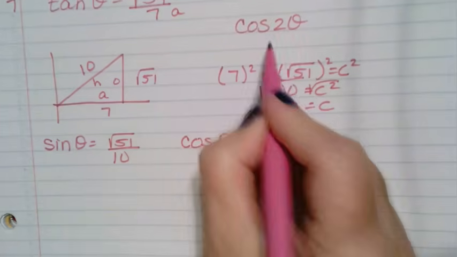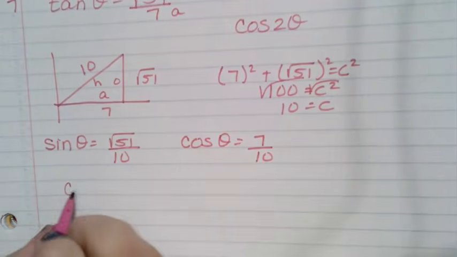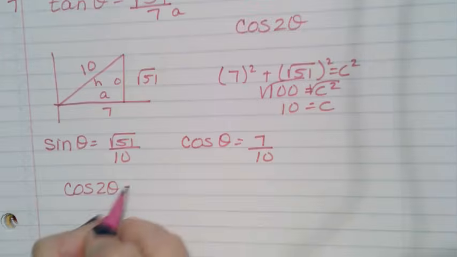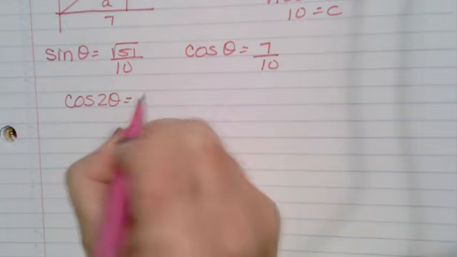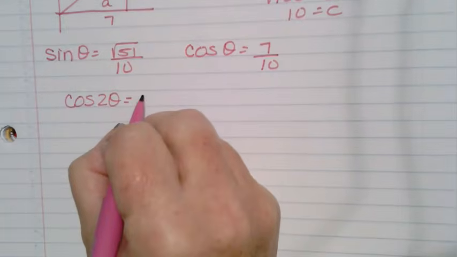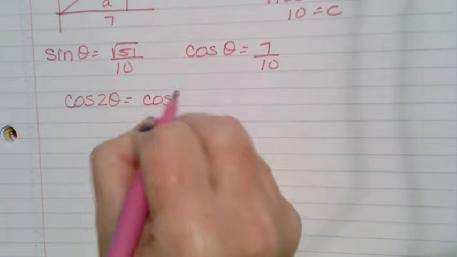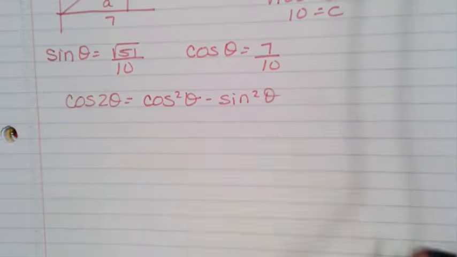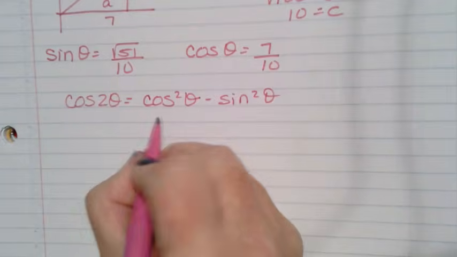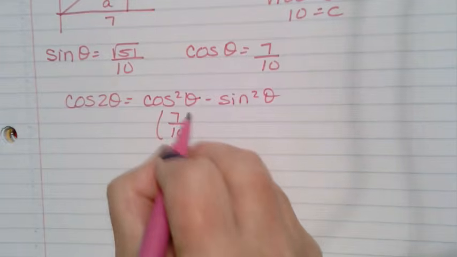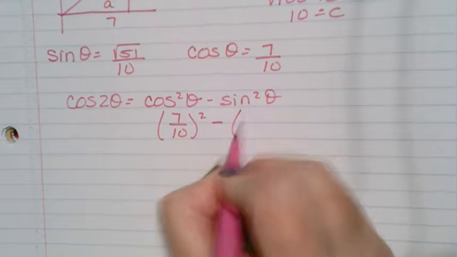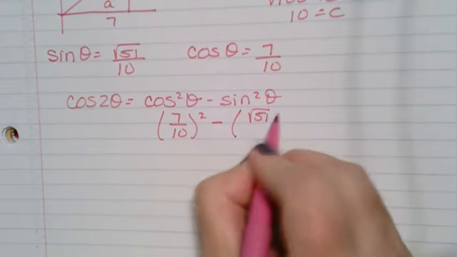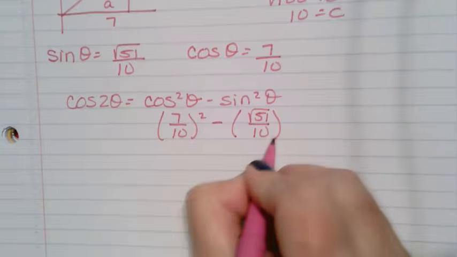Okay, so I need cosine 2 theta. The formula is cosine squared theta minus sine squared theta. So 7 over 10 squared minus square root of 51 over 10 squared.